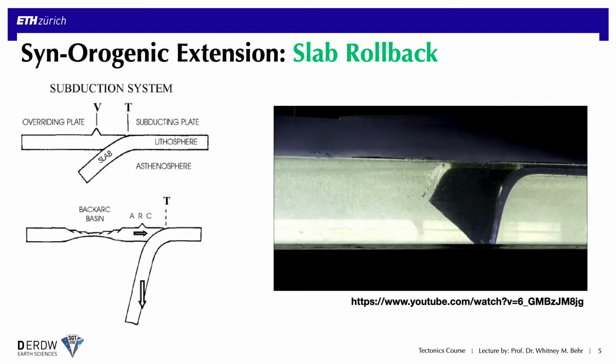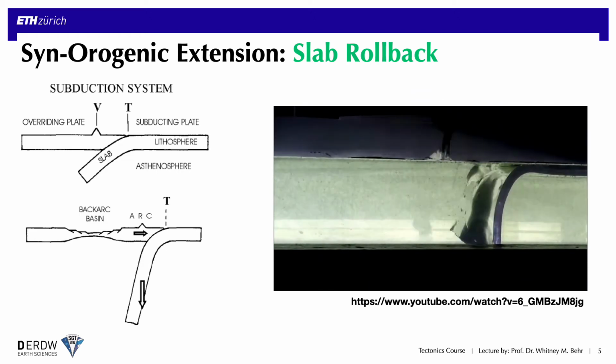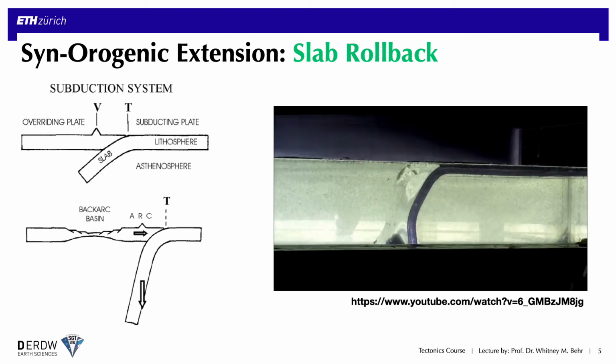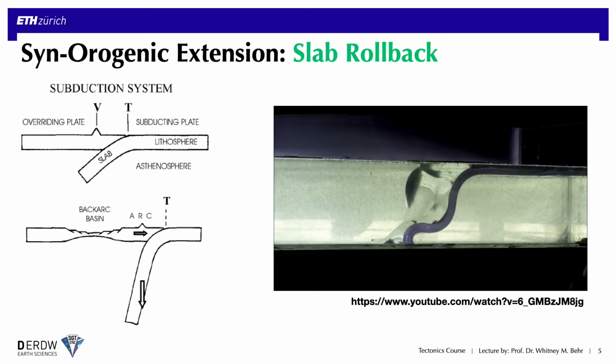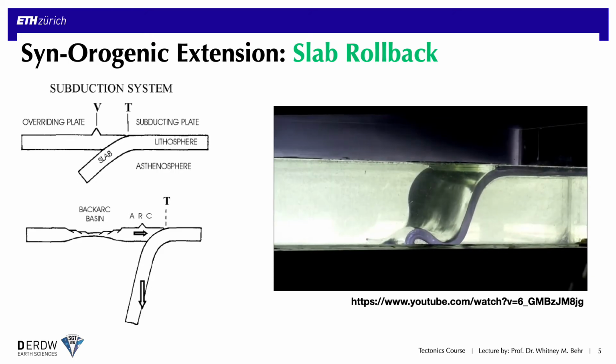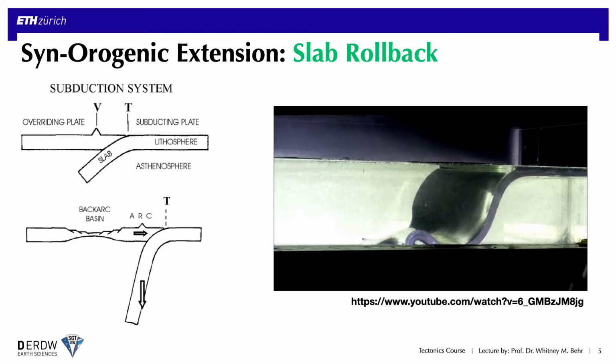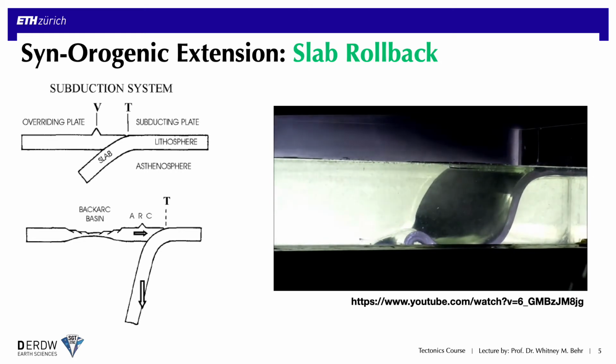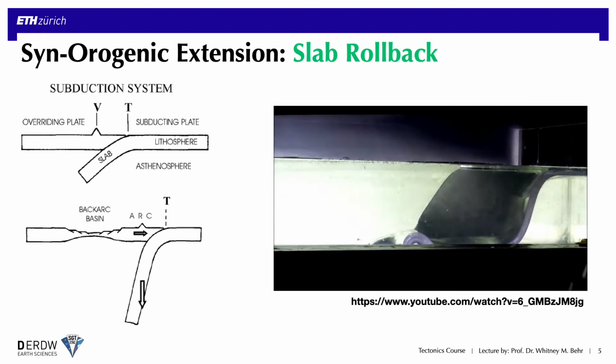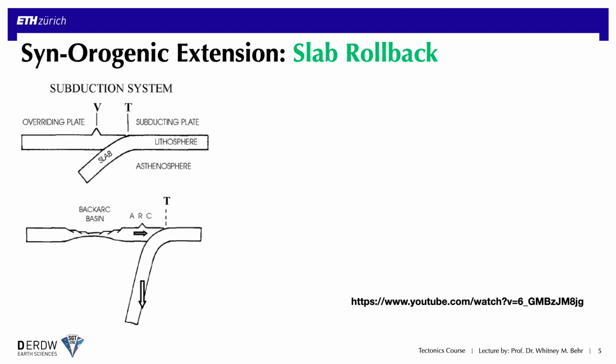And you can envision how if the upper plate is coupled to the slab as it rolls back through time, then somewhere the upper plate has to extend, and the back arc is a potentially warm, weak region where strain can localize enough to facilitate that extension. So that's certainly one possible explanation for large-scale syn-orogenic extension, particularly applicable perhaps to the Mediterranean region.